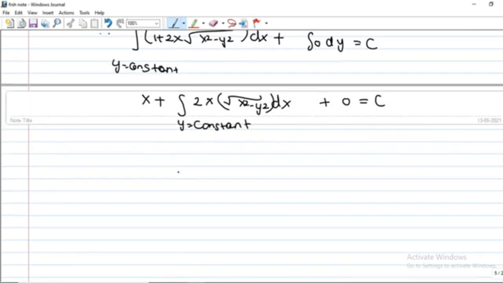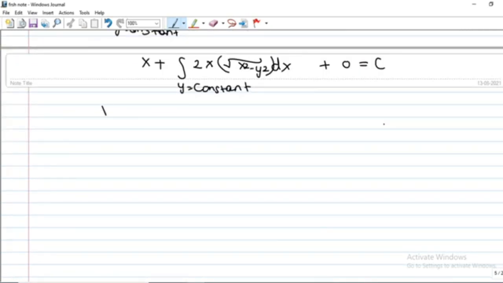We will use substitution, which we used to do in class 12. x square minus y square equals t, then 2x dx is equal to dt. So you can make out that x dx is nothing but dt by 2. So we will substitute this for x dx.